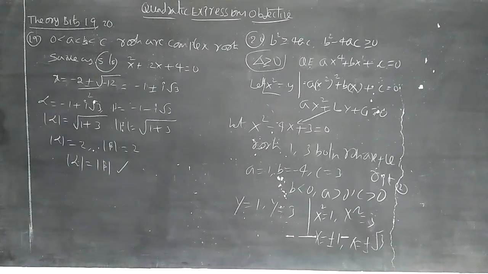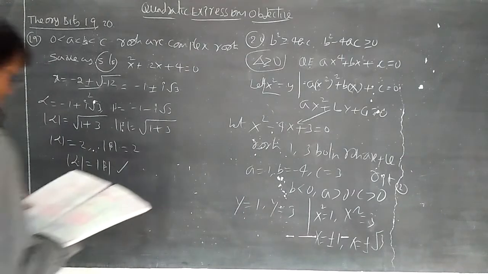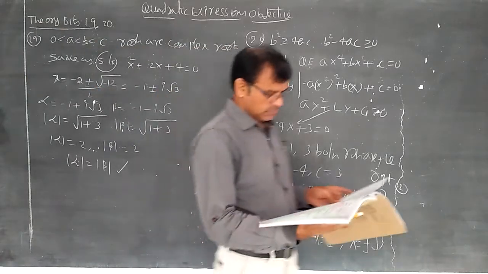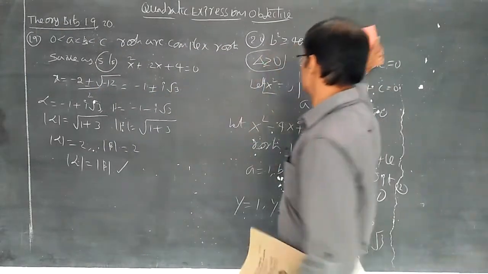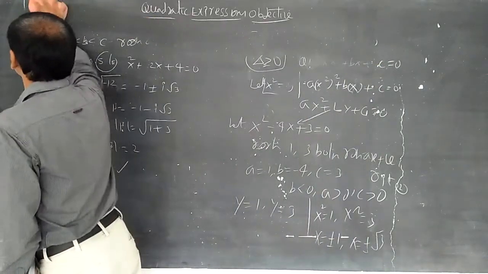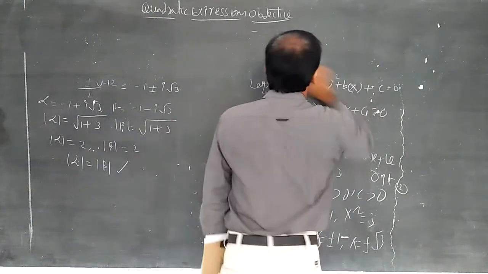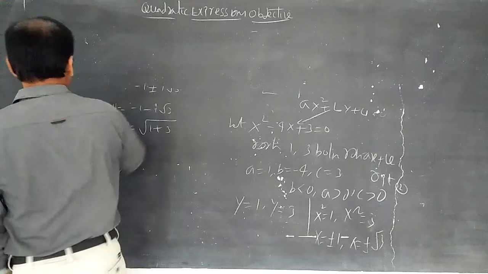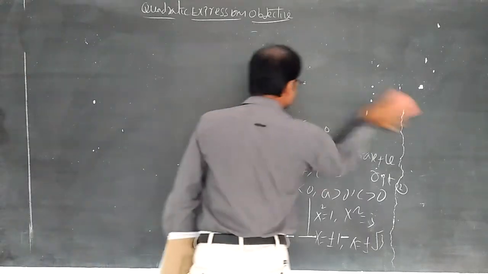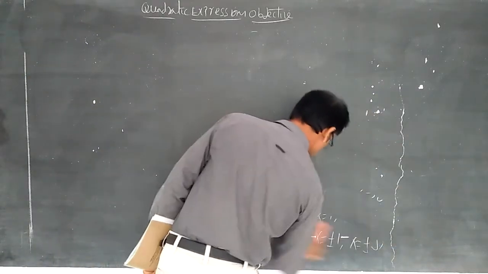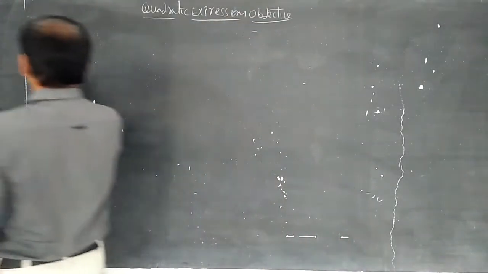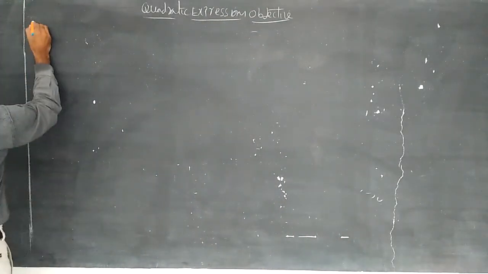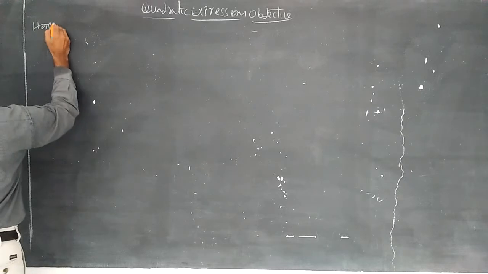Theory bits you have completed successfully, 20 bits you have completed. Now I want to discuss with you regarding some homework in worked examples. Later I will discuss with you level 2. Homework I am giving.